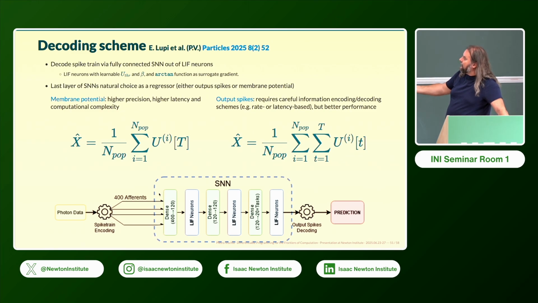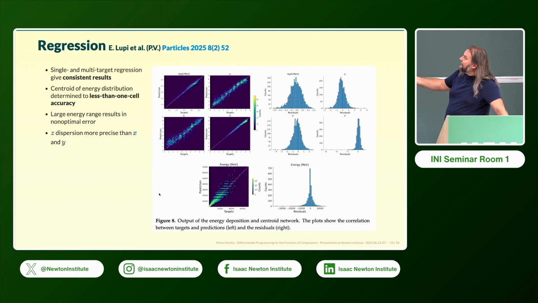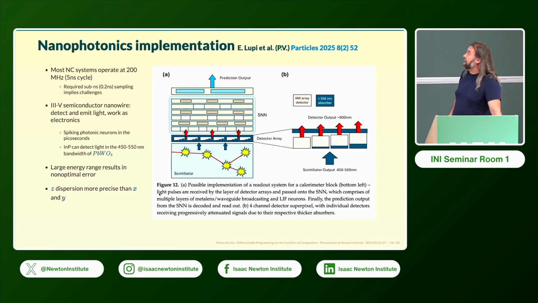You can have a full neural network of these, and you can train it to regress the energy and the position of the energy in the calorimeter. And this is massive because it means you don't have to spend a lot of money to increase the resolution. You can just change your readout system.